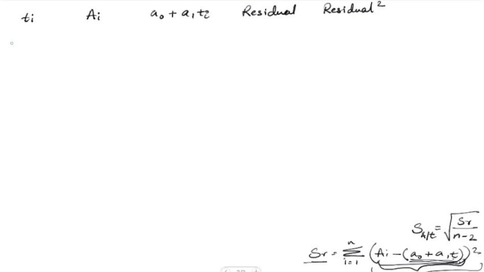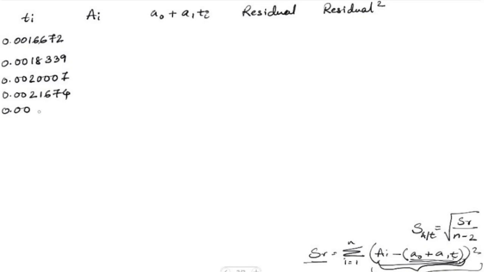So we have here 0.001667, and then we have 0.0018339, and then we have 0.0020007, then we have 0.0021674, then we have 0.002331.